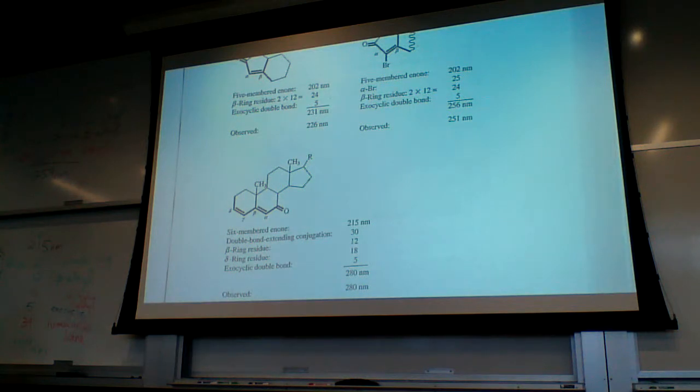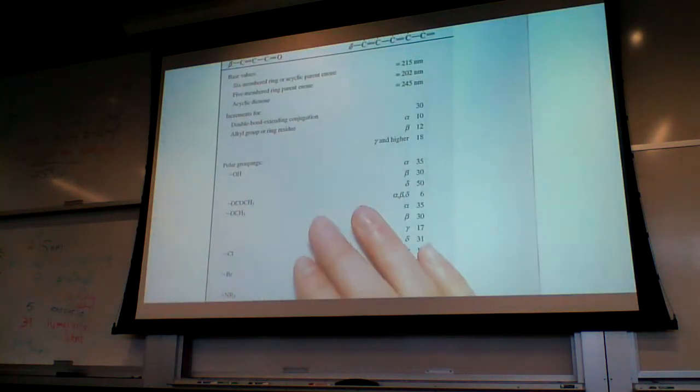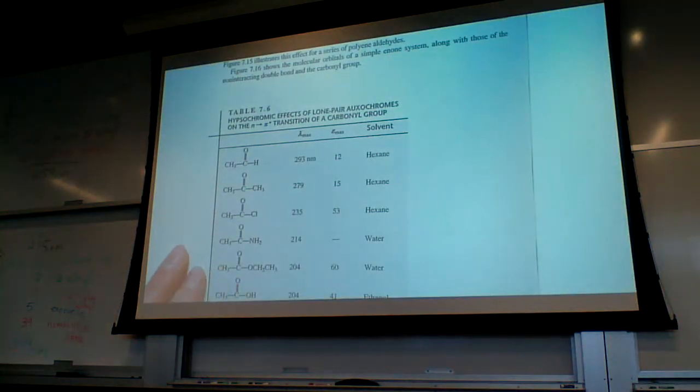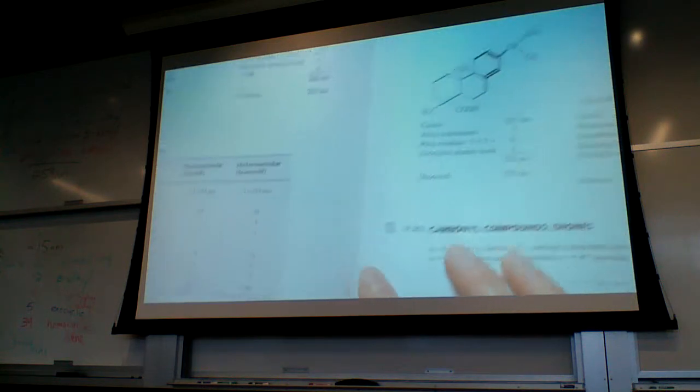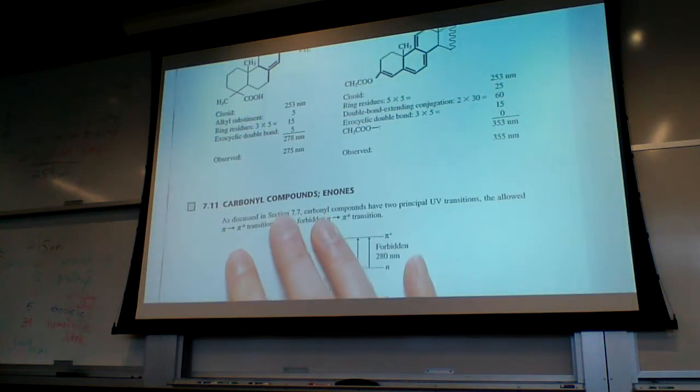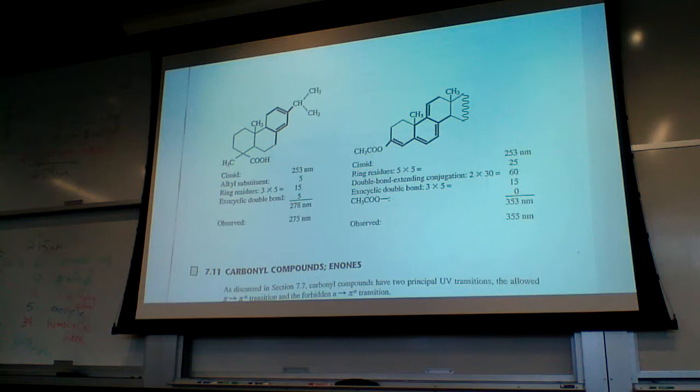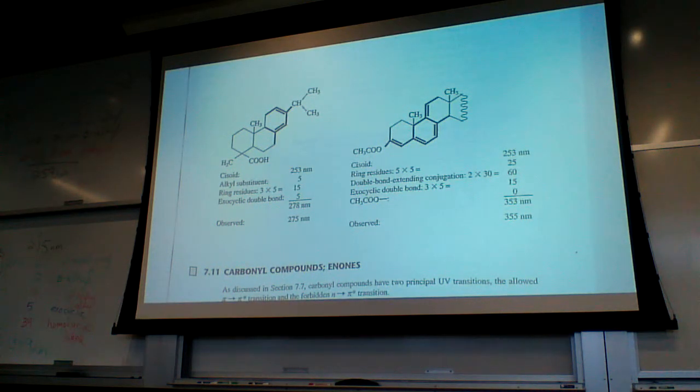Would you mind moving back like 2 pages? One more. And then on the right hand page, it says for your ring residues, on the right hand example, it says 5 times 5, and I couldn't find 5.